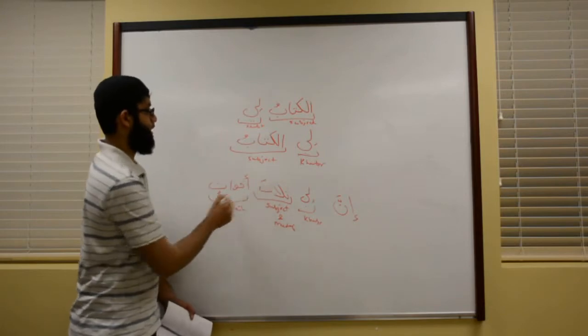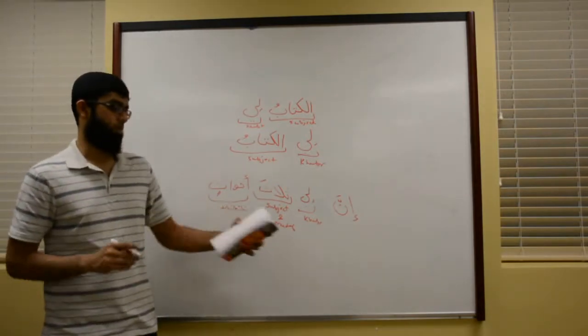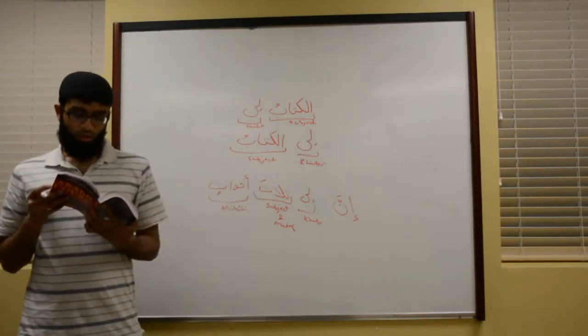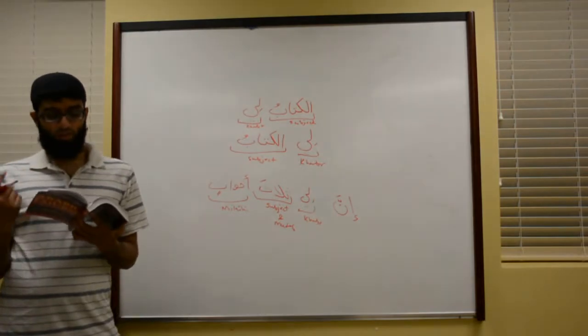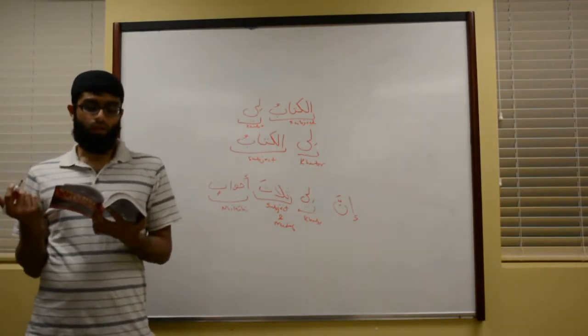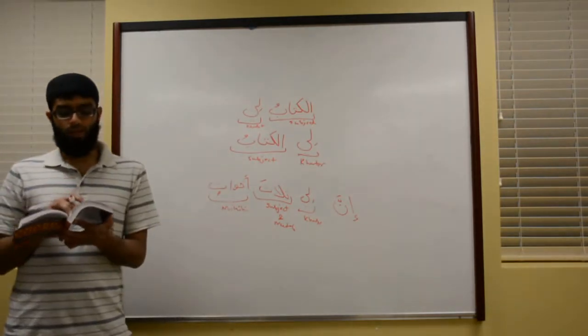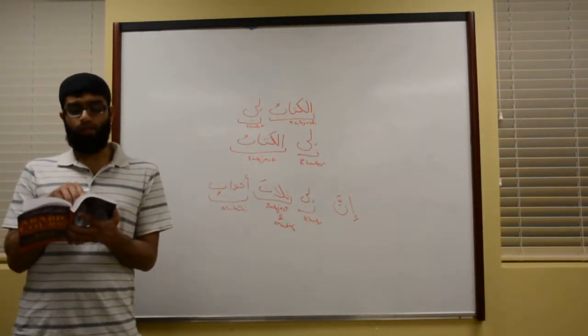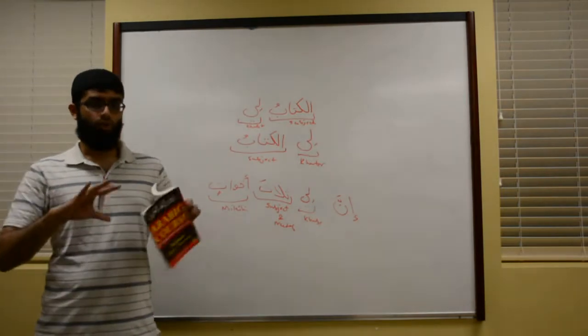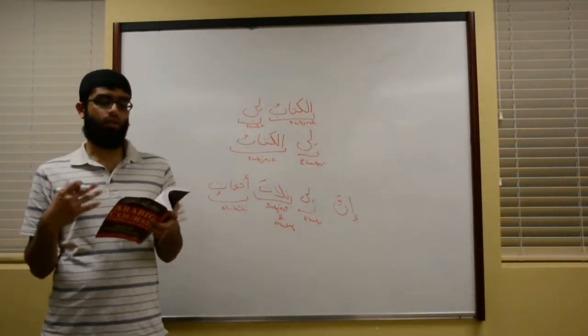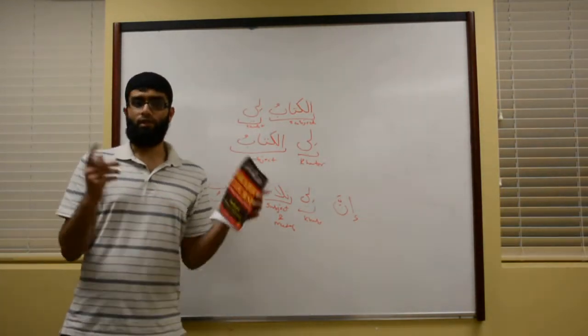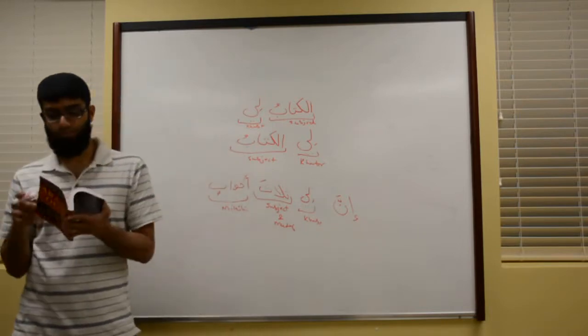Thalatha akhawatin, and li is going to stay the same. So the example they give is inna li thalatha akhawatin. In the brackets it says asluhu. He's showing that really the sentence is thalathu akhawatin li, but you switch it around in Arabic.